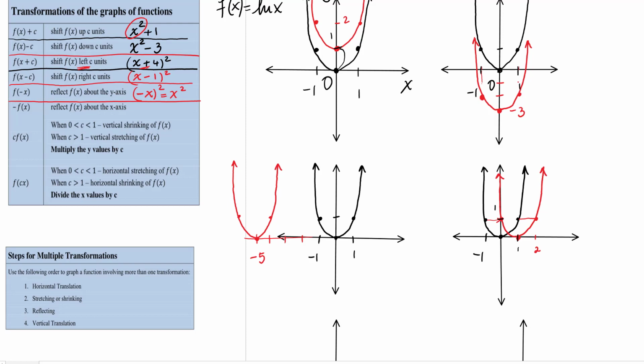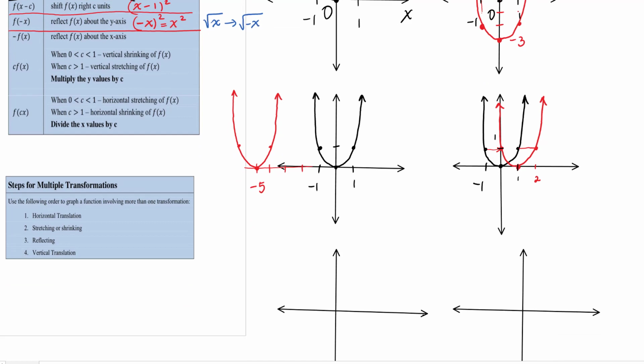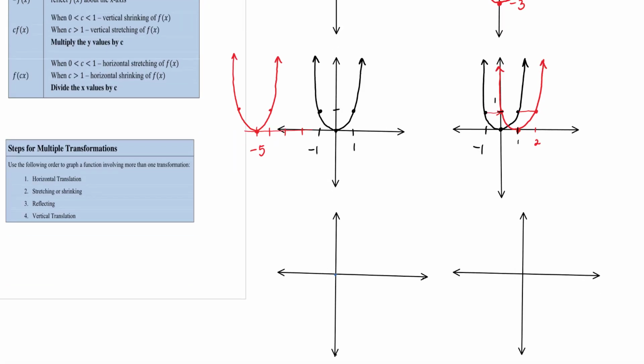So for this one, let's try another function. Maybe it's going to be more clear. So I'm going to pick square root of x as the parent function. So square root of negative x would be the function that we get when we reflect it about the y-axis. So let's see how that looks.